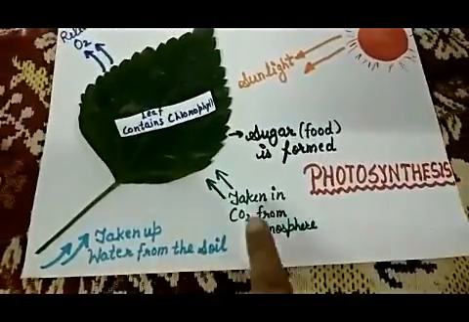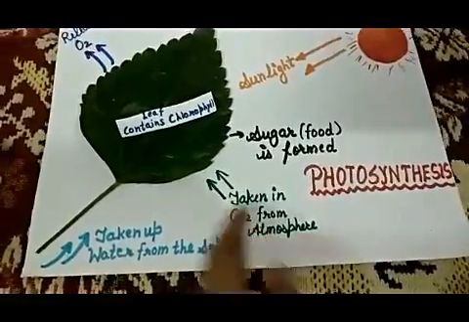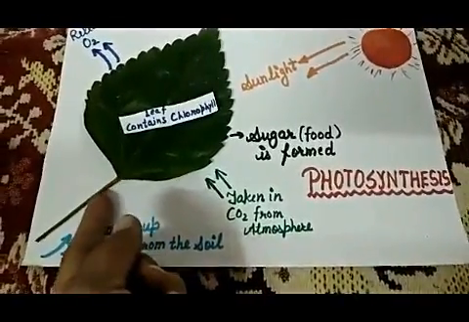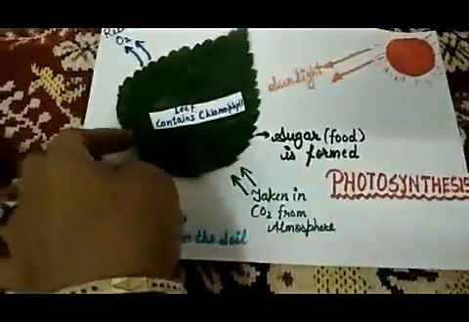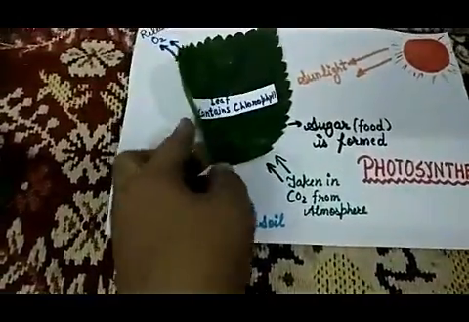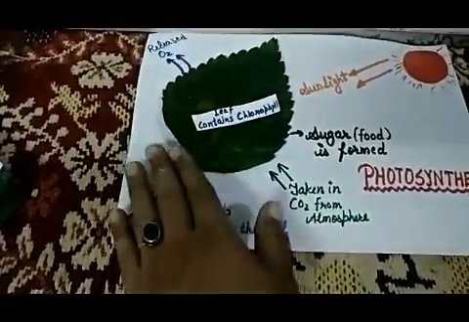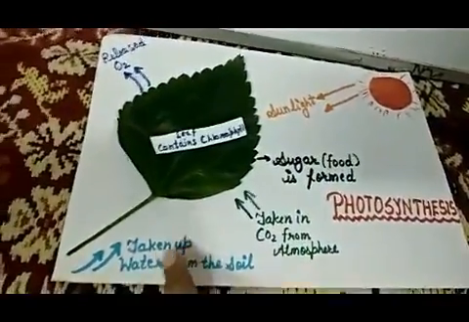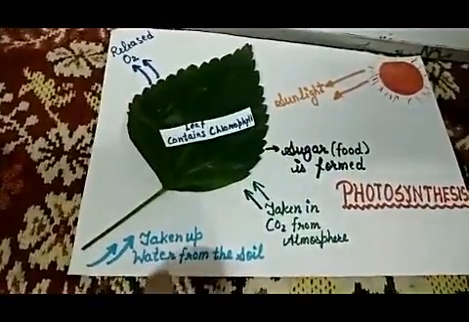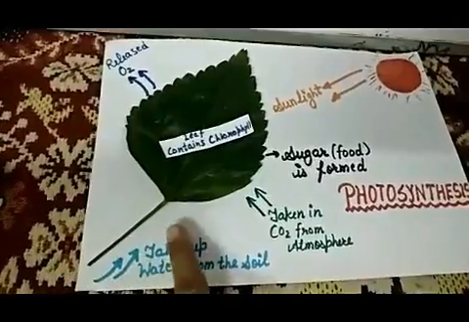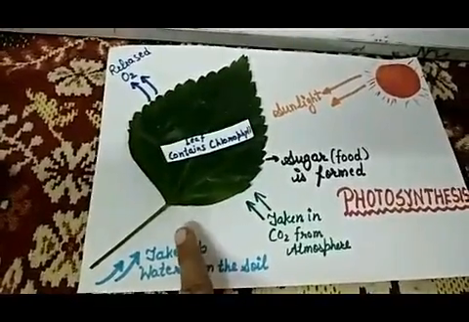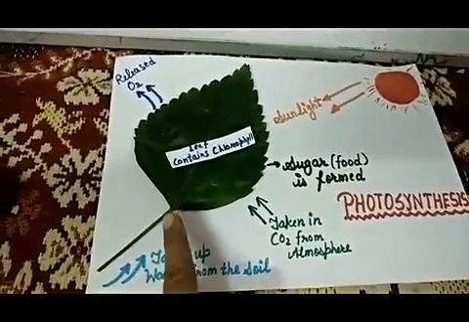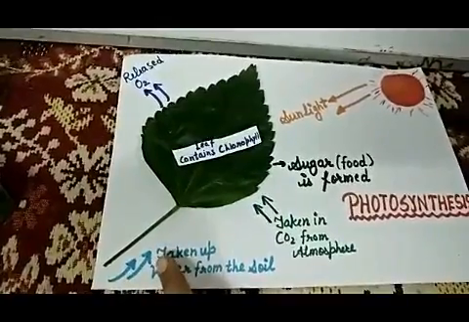It is absorbed from the atmosphere by the leaves through small pores present on the lower surface of the leaf. These pores are called stomata. Next is water. It is taken up from the soil by the roots and transported to the leaves through the pipe-like structures called vessels.